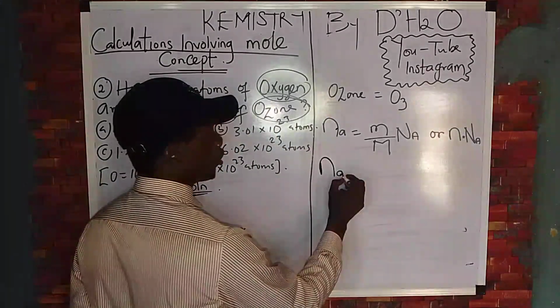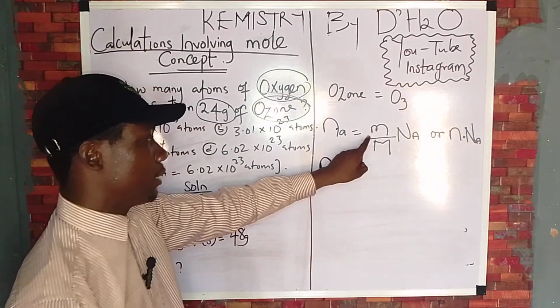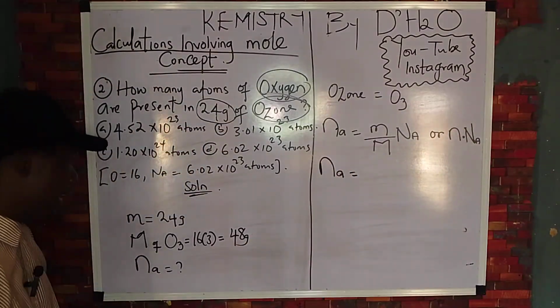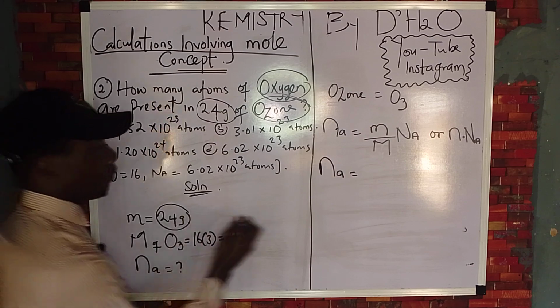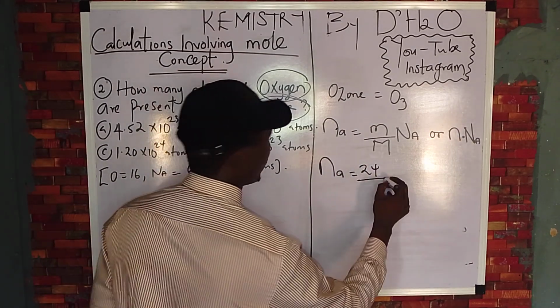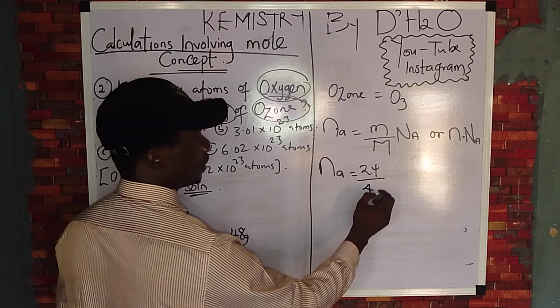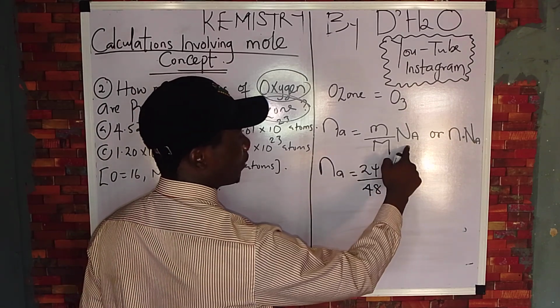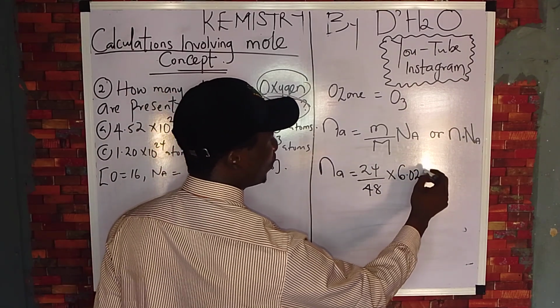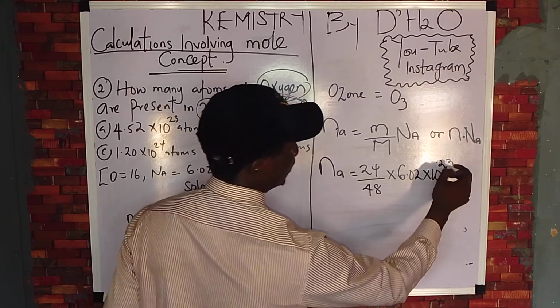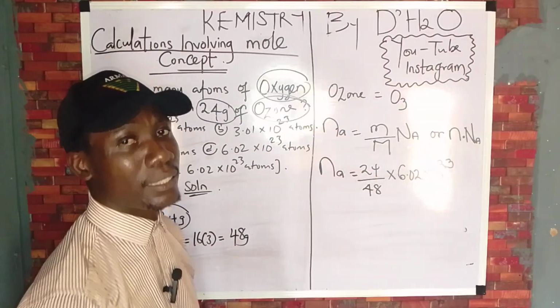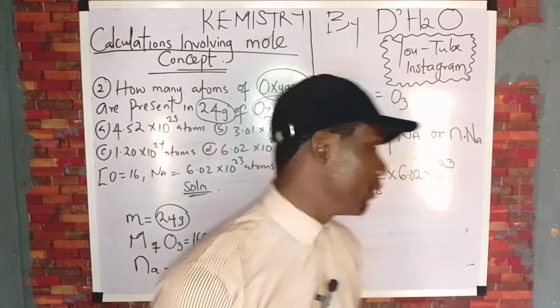Our number of atoms they ask us to calculate is the reacting mass. What's the reacting mass? The reacting mass is 24. So you have 24 grams over what? 48 grams times Avogadro's constant, 6.02 times 10 raised to power 23. Please do not fail these questions in your SSC and your JAM exam. They are very cheap.